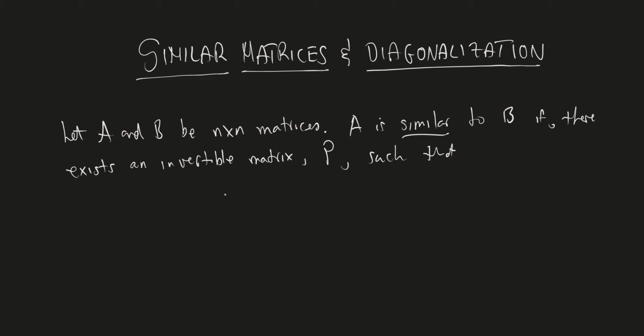If I can express B as a special product that looks like this, P inverse times A times P, then we say that A and B are similar.